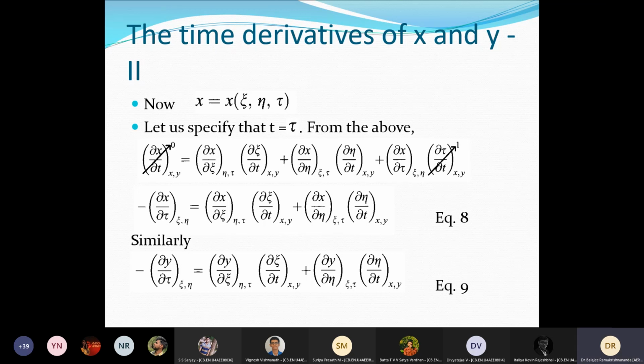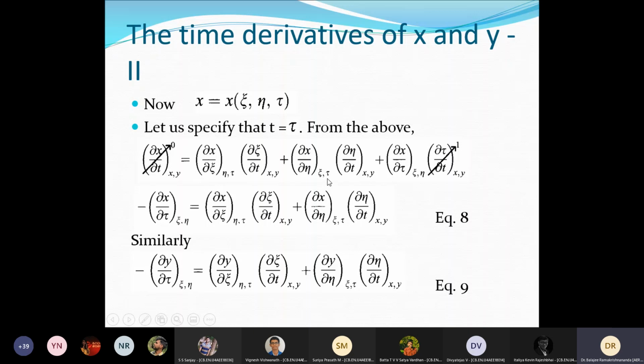The first two terms on the right hand side: you can see that when ∂/∂ζ is there, η and τ are constant. The second one is the physical plane, so x and y are constant. When you take ∂x/∂η itself, it means that ζ and τ are constant.